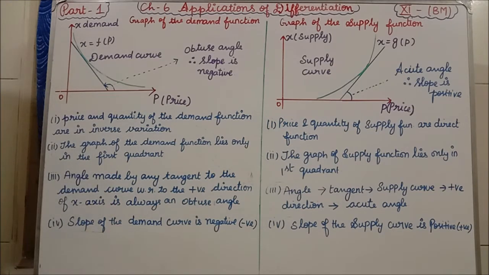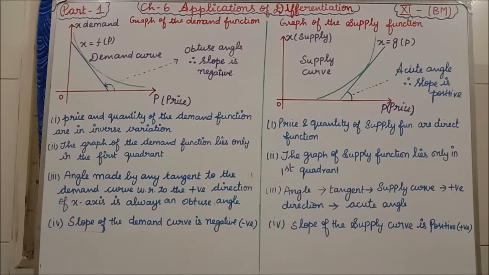After a few days, if you increase the price of the same shampoo from 2 rupees to 5 rupees, will everybody buy the same shampoo again? No. Most of you will go for another product, isn't it? So what does it tell? When the price increases, the demand will be decreasing.